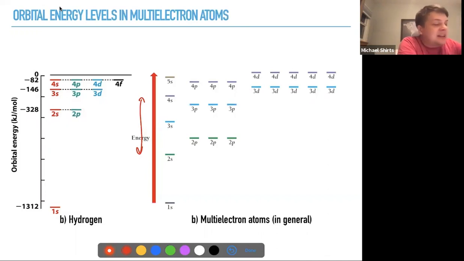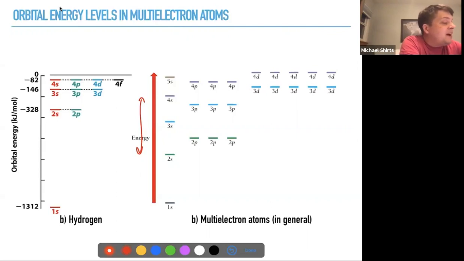And then it starts to get a little more complicated, because the higher up you go in energy, the closer they are together and the more that weird effects can change the order. So first we get the 4s, and then before the 4p, we get the 3d. The 3d are all the way up here. They're high enough in energy that they are actually higher in energy than the 4s.